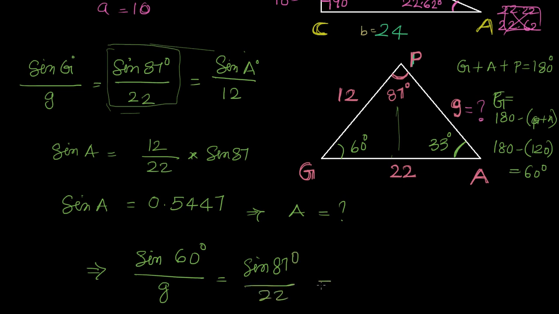Now if you cross multiply, g into sine 87 equals 22 into this, so g is equal to 22 into sine of 60 degrees divided by sine of 87 degrees.